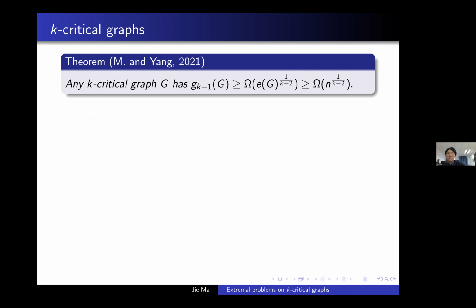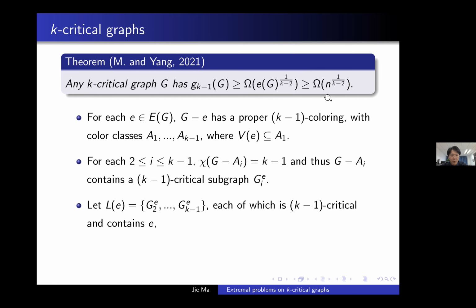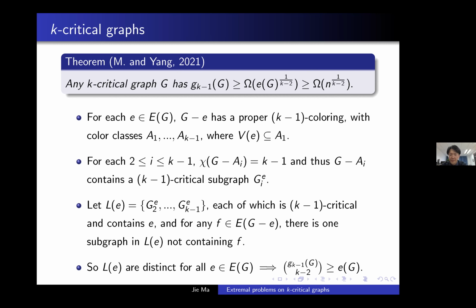But right now we are just far from there. This is the best general bound. We only know n to the 1 over K minus 2. For example, if K is 4, from here we only know square root of n. But from another result we know it should be n squared.